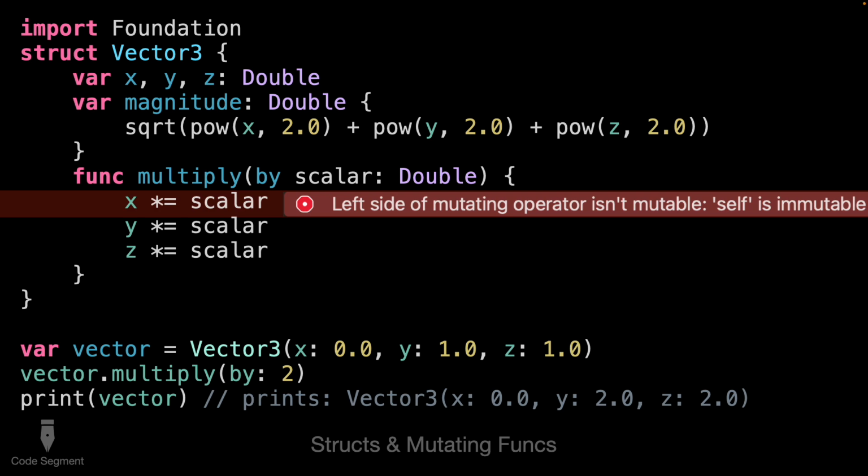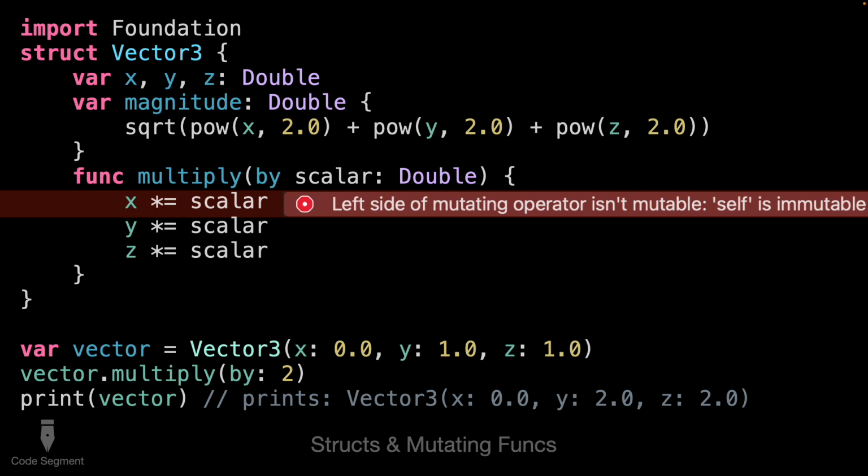Here's a compiler error telling you this isn't immutable. It says self is immutable, even though we're not using the keyword self, because behind the scenes, Swift is turning that line into self.x times equals scalar. It's the same thing, syntactically, okay?